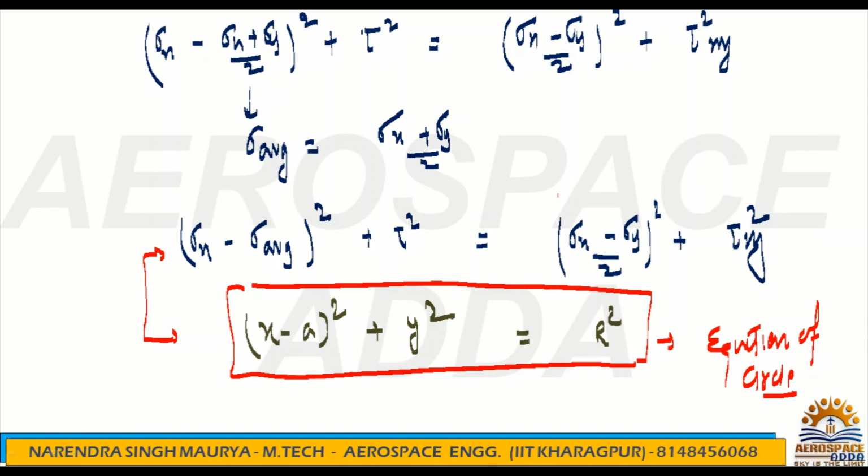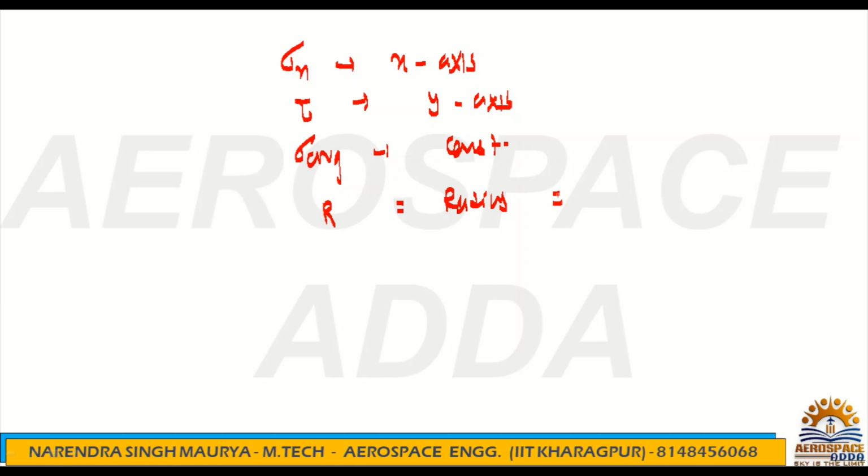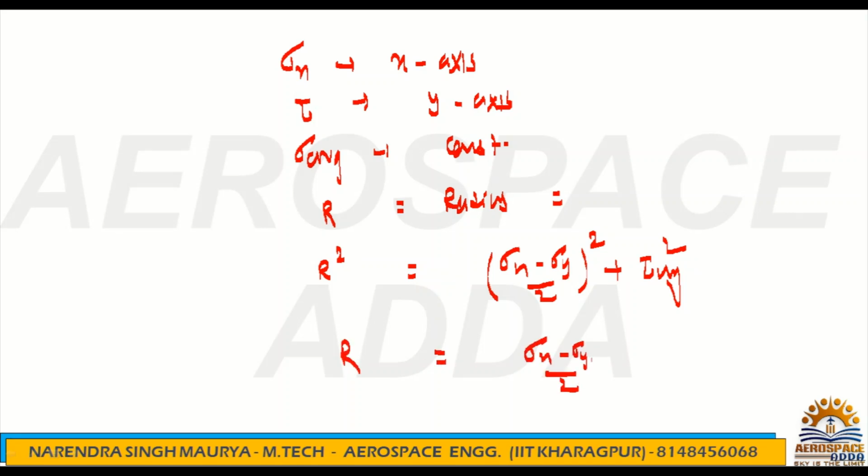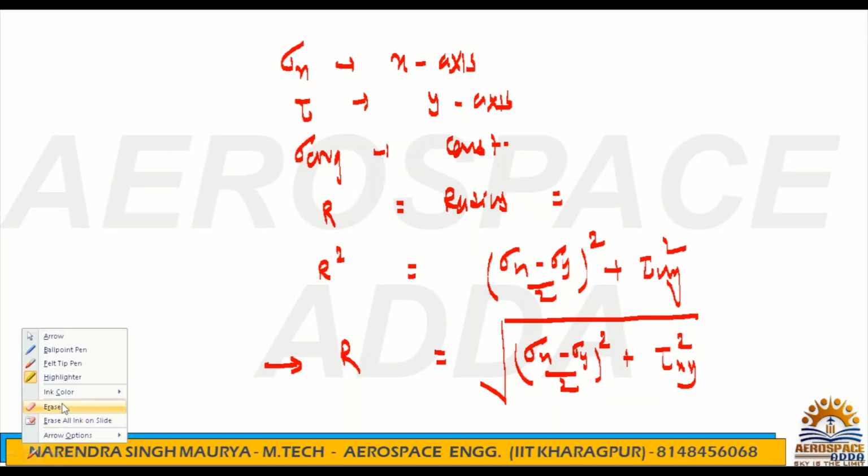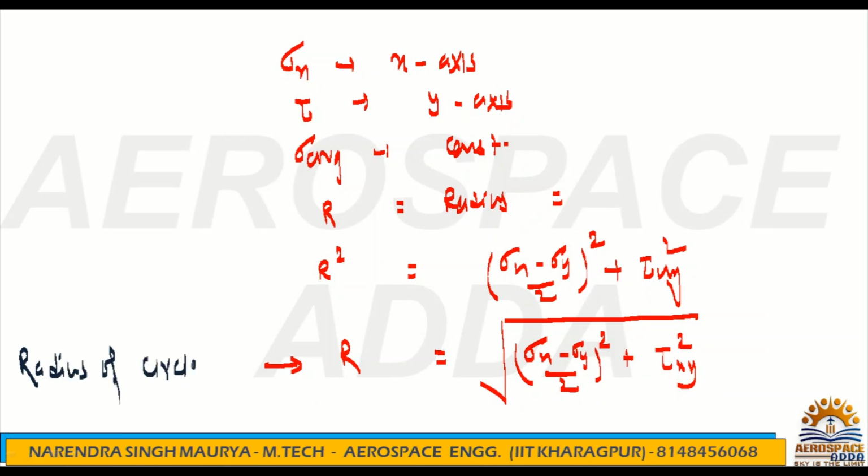So r is nothing but the root of ((σx − σy)/2) whole square plus τxy². This is nothing but the radius of the circle. All right.